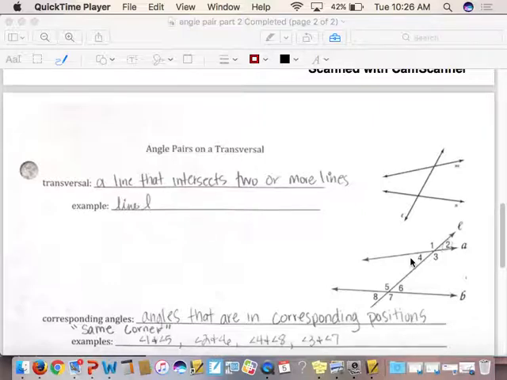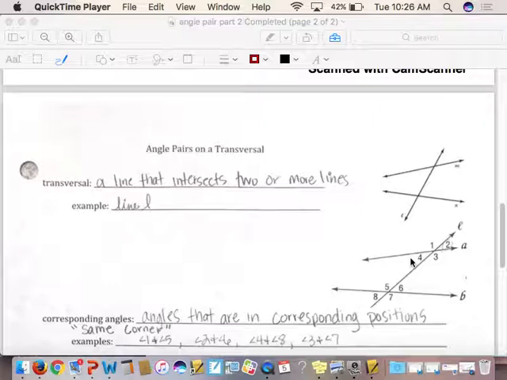Now, the mathematical definition of corresponding angles is angles that are in corresponding positions. When I was in elementary school and my teacher asked me to define a word, her rule was you cannot use the word in the definition that you're trying to define. This is the one definition in mathematics that breaks that rule, as you might say.